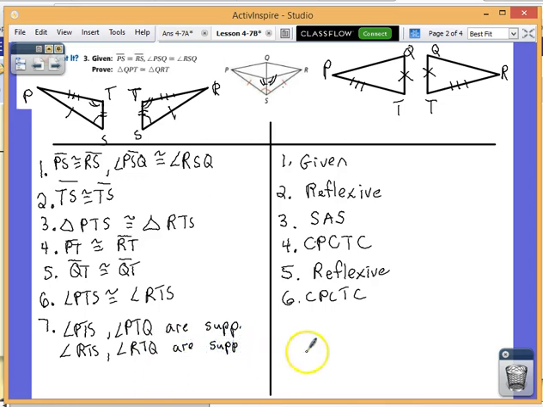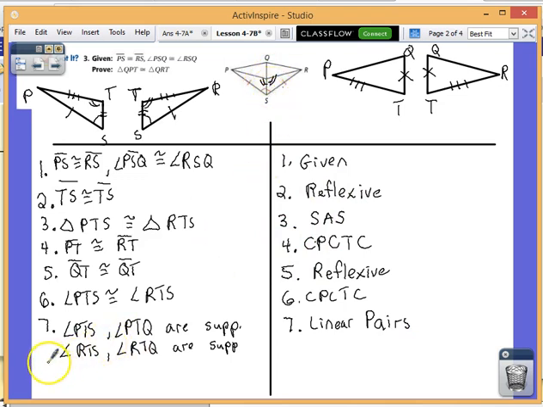What makes those pairs of angles supplementary? That's another one that we used a lot right away, and then we haven't used it really since. What? Linear pairs. Linear pairs are supplementary. You could just put linear pairs, I'll know what you're talking about. So that makes that angle supplementary to that angle, and that angle supplementary to that angle.